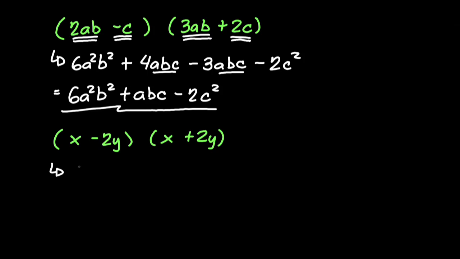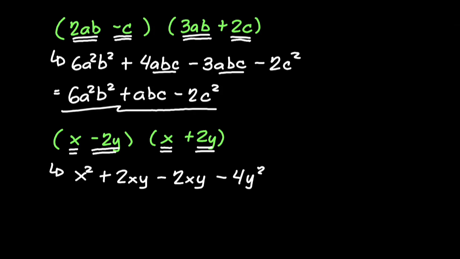x minus 2y multiplied by x plus 2y. So now, multiply x by x, which is x squared, multiply x by 2y, which would be 2xy. Multiply negative 2y by x, which would be negative 2xy, and multiply negative 2y by positive 2y, which would be negative 4y squared.